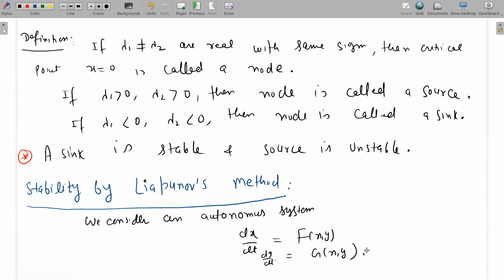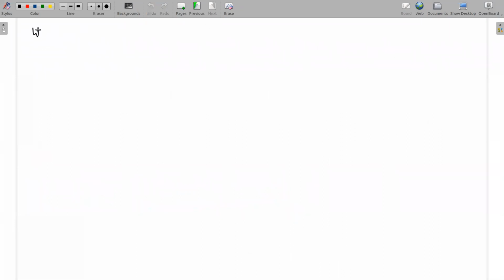Okay, so likewise before we assume that this system has a critical point which is 0, 0. Yes, origin is the critical point.